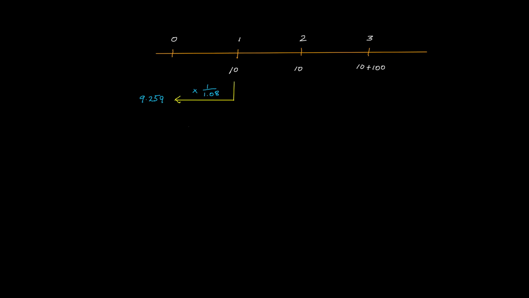Next, and this is the Macaulay duration part of the calculation, it refers to that weighted average of the time to receipt. So this particular cash flow, its present value has a weighting of 1 because it arrives at time 1 on the timeline. So in purple, we have 9.259 as the number that we are going to eventually use as part of our Macaulay duration calculation.